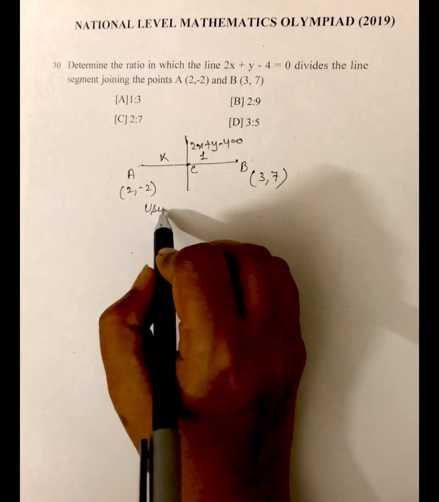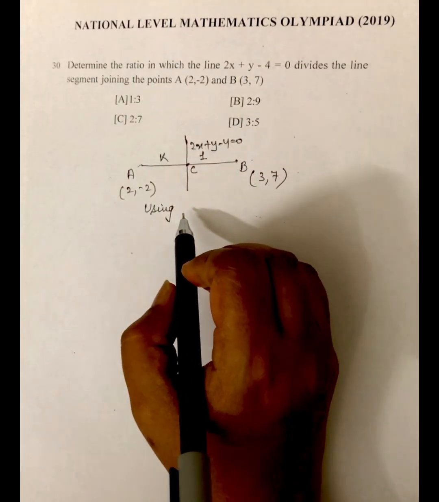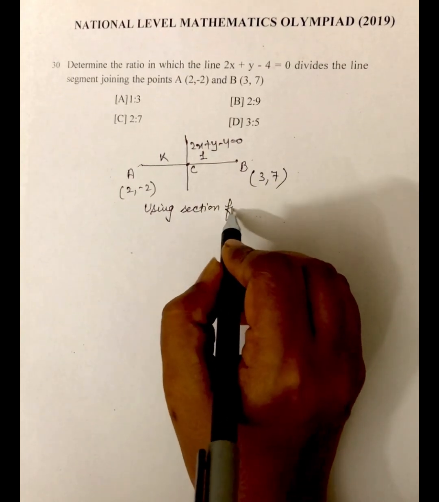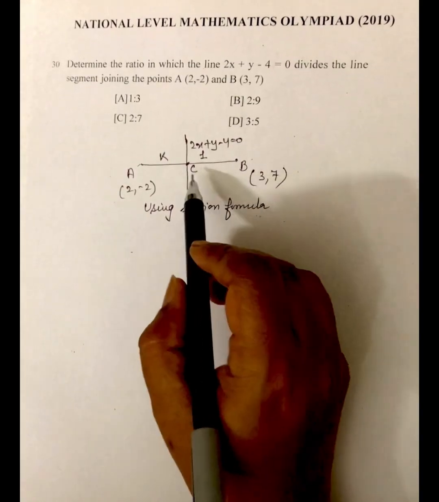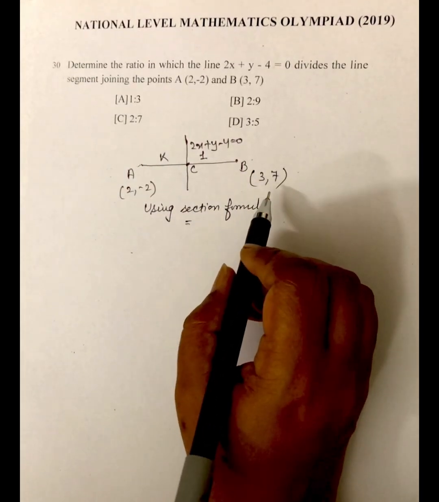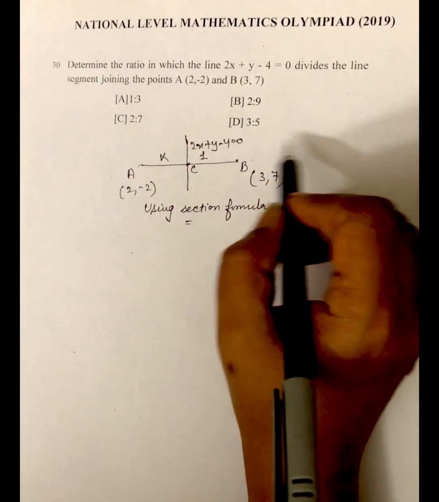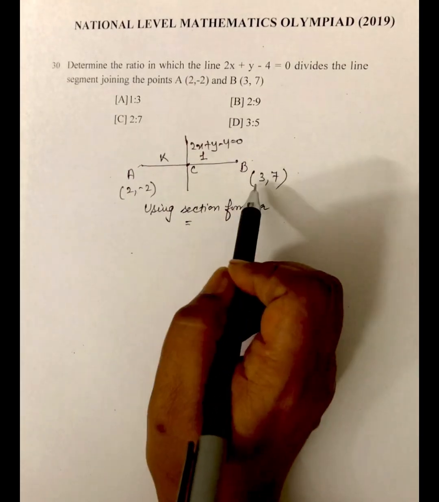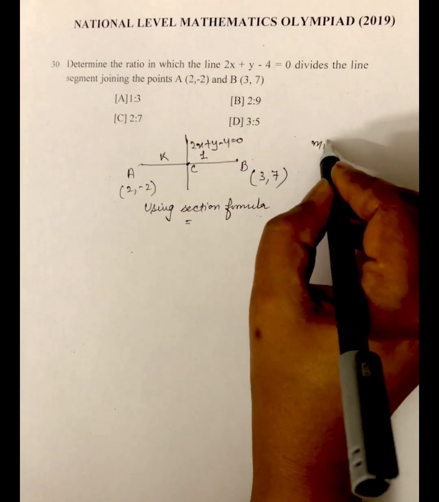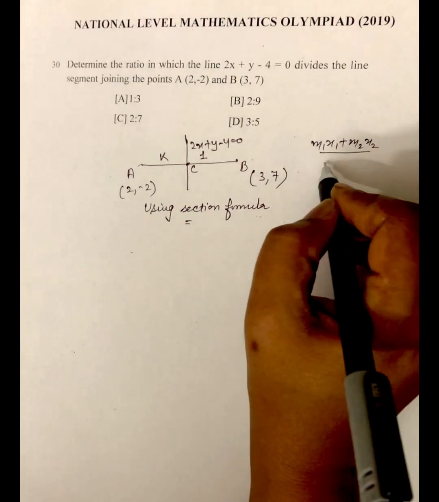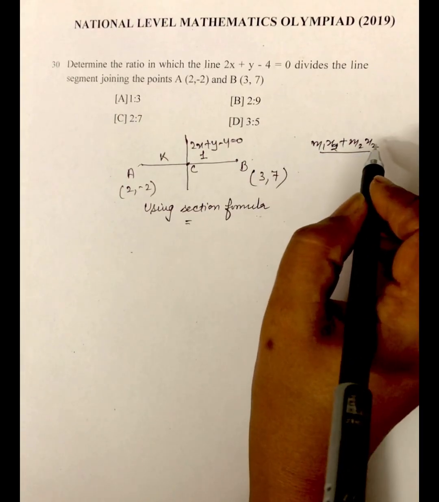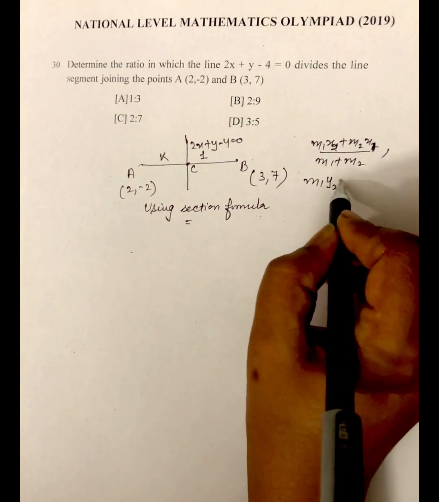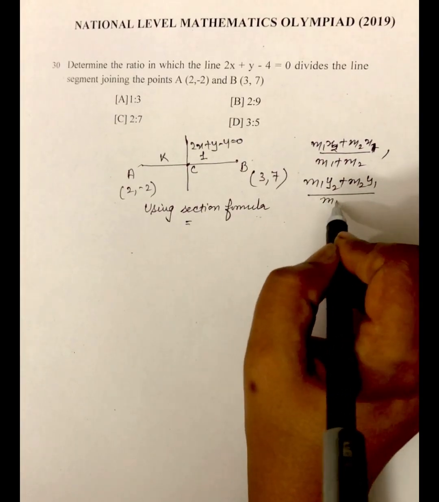Now we use the section formula. If a point divides the line in the ratio m1 to m2 and the coordinates are (x1, y1), (x2, y2), then the coordinates of C are (m1 x2 plus m2 x1) upon (m1 plus m2), and the y coordinate is (m1 y2 plus m2 y1) upon (m1 plus m2).